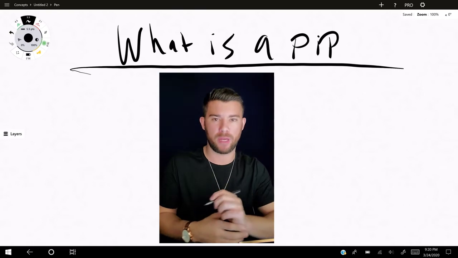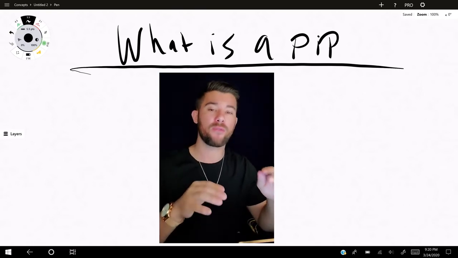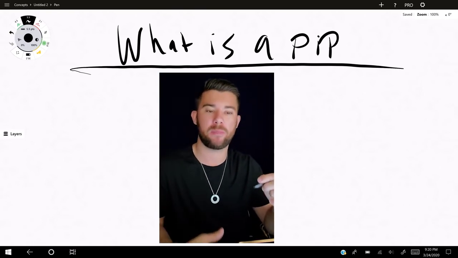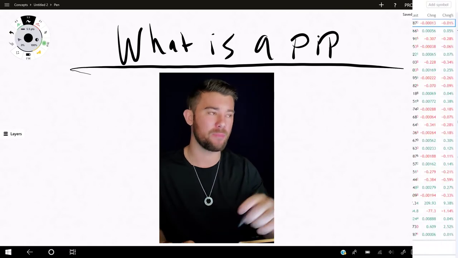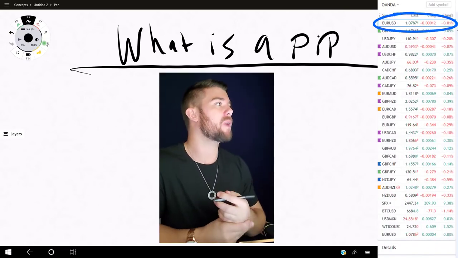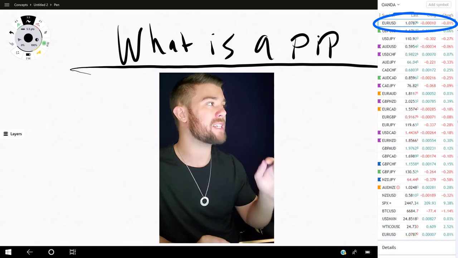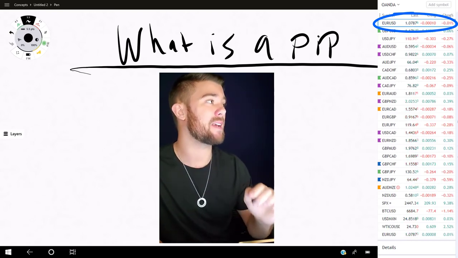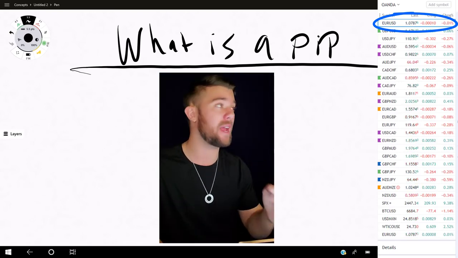So what is a pip? We know that a pip is the smallest number that moves in a currency pair, but how do we identify a pip? Well, look at the euro dollar right now. You can see that the euro dollar last price is 1.0787.